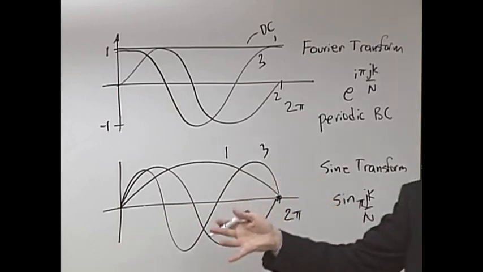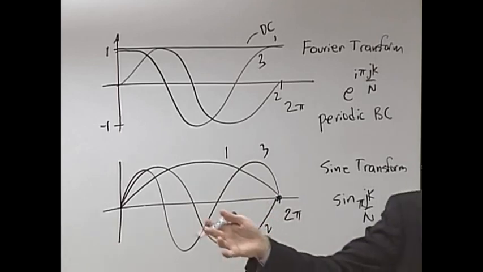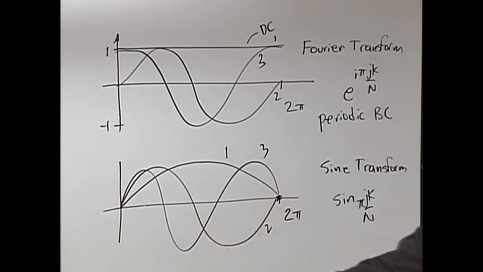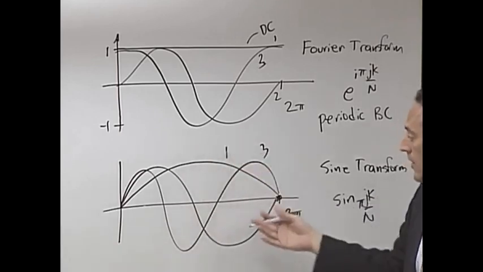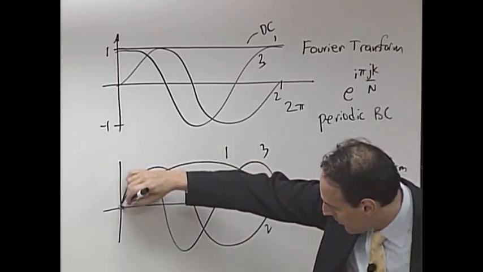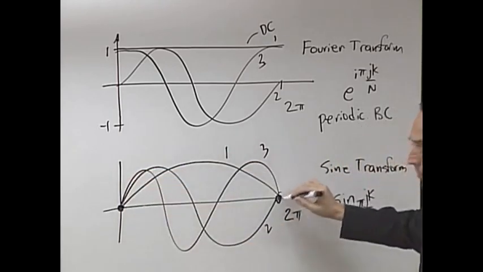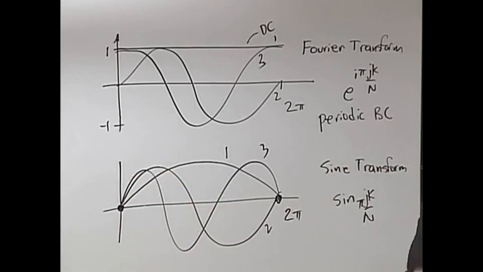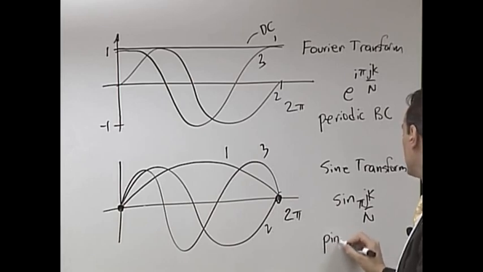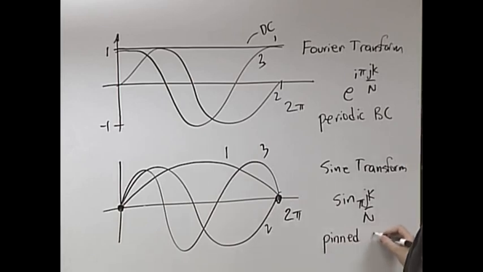Now we ask the following question: what are the boundary conditions now? If I'm using this half angle thing, then notice where everybody starts and where everybody ends up. 0 and 0. So if you use a sine transform, what you have is pinned boundaries. So u at 0 is equal to 0, and u at 2 pi equals 0.